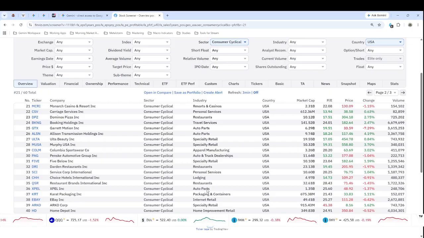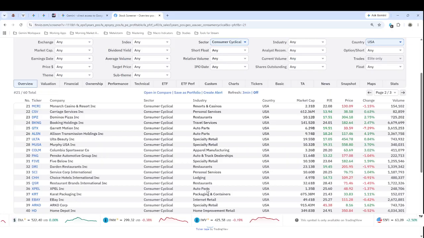All right. Now, once I got my sector picked out, the next thing I'm gonna do is start working through these investments and seeing what I can pick up on.